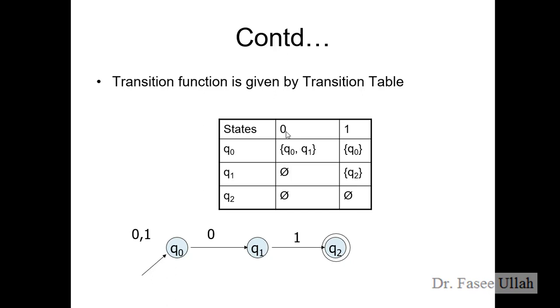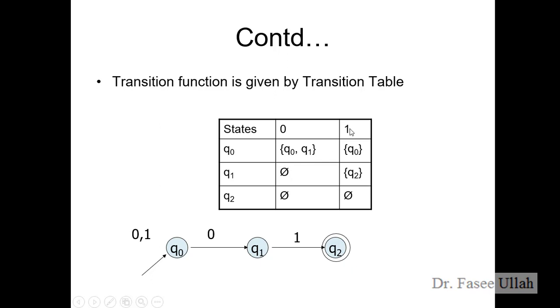That is, which states will be reached from Q0 on the transition value 0? If we see from the figure, for 0 it will loop over here, and go to Q1 as well. So that's why we have put it over here, Q0 and Q1.